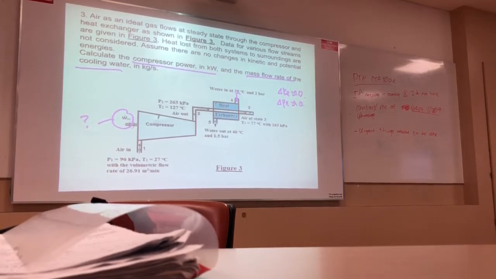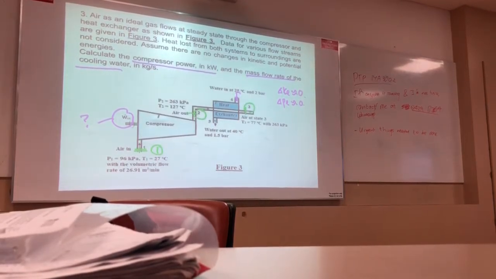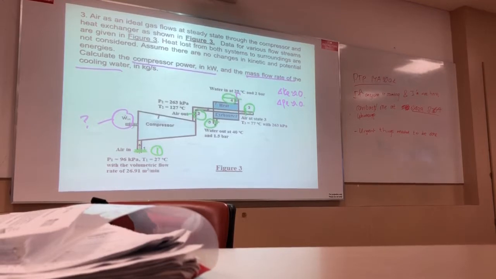So this is state 1, this is state 2, this is state 3. This is state 4, and this one state 5. How many states? 5 states.